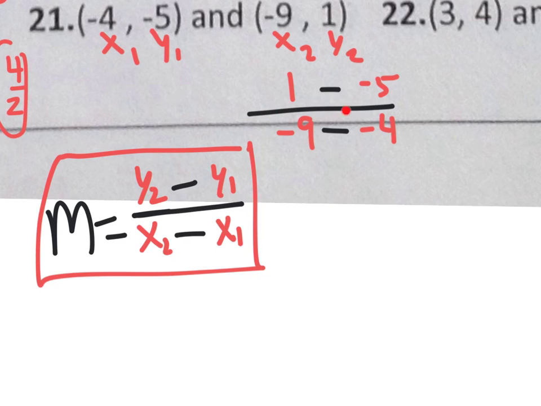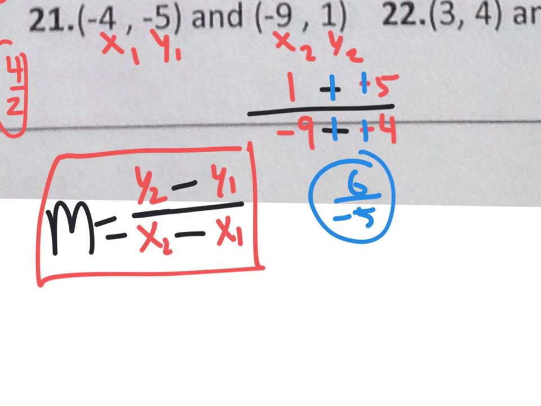And this is the reason why I do the division and the subtractions first, because the minus minus has to change to a plus plus. So up on top, you end up with a 6, and on the bottom, you end up with a -5, and there's your slope, 6 over -5.